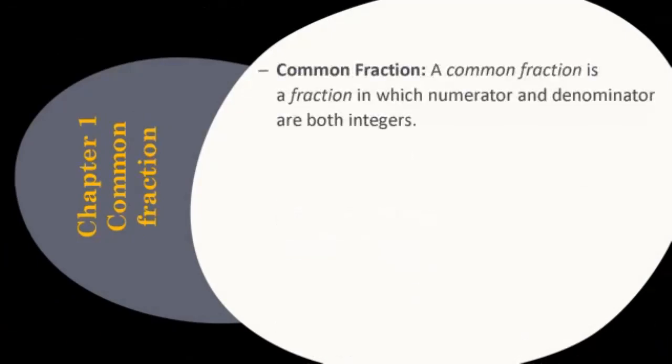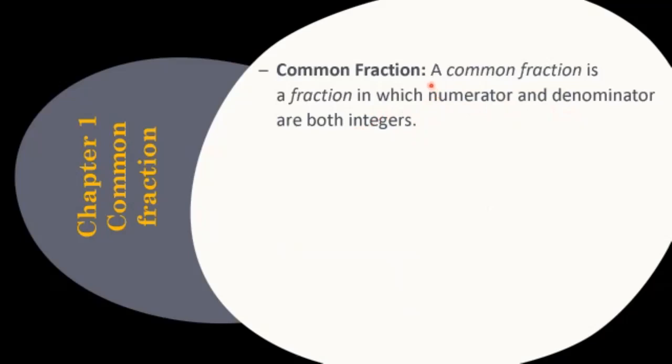Now, as you can see, chapter 1, at first I will discuss common fractions. So let us see what a common fraction is. A common fraction is a fraction in which numerator and denominator are both integers.